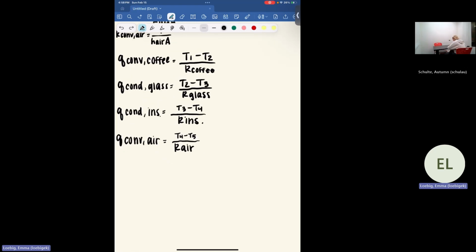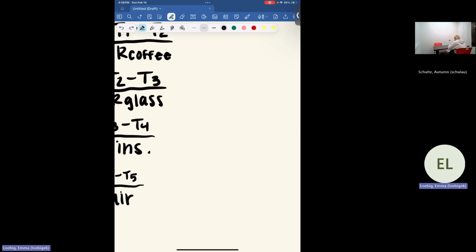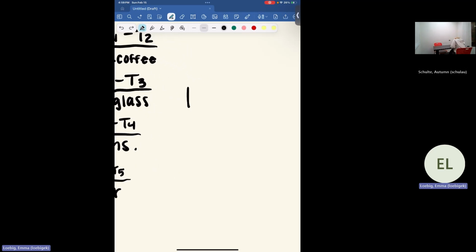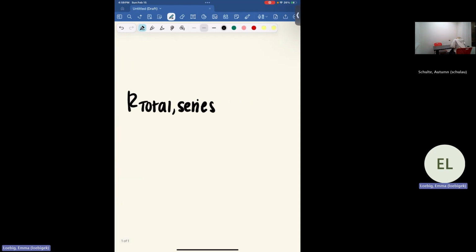So if we want to start talking about total resistance in a series, we know that our total in series is simply the addition of each individual resistance.